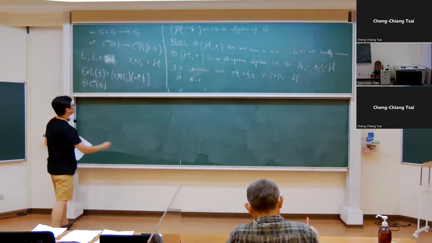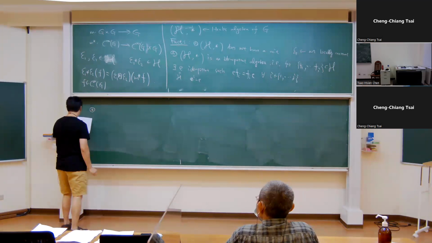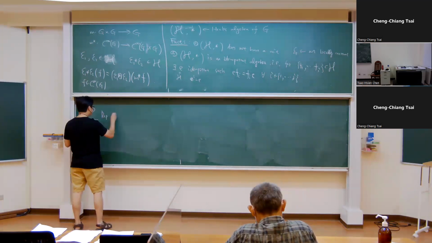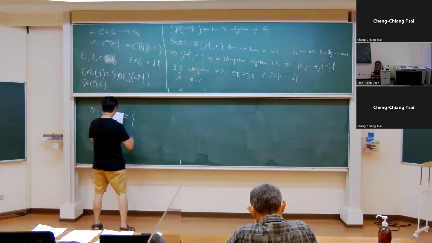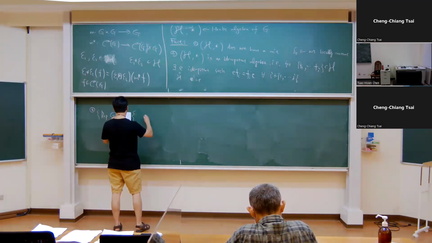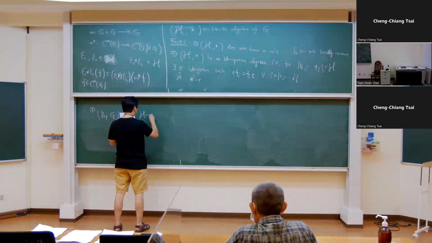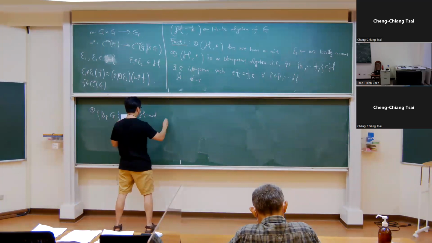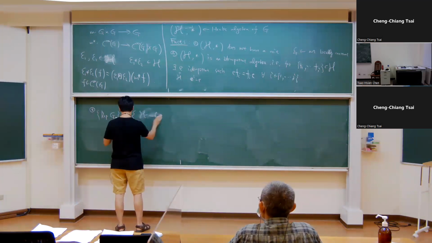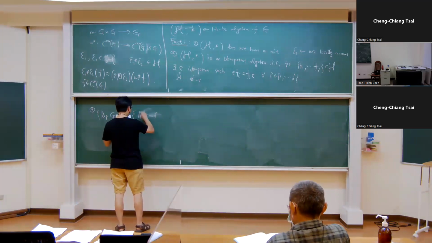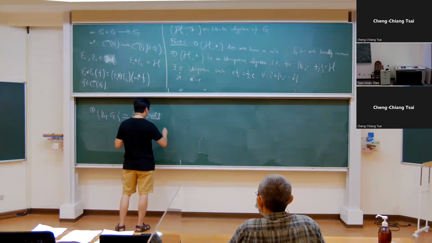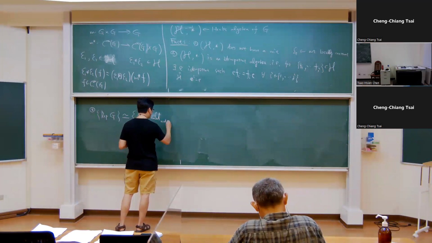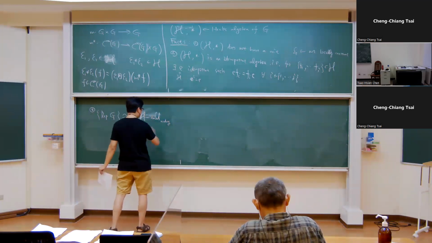So Rep G is equivalent to H modules, say H mod non-degenerate. So the category for non-degenerate modules.